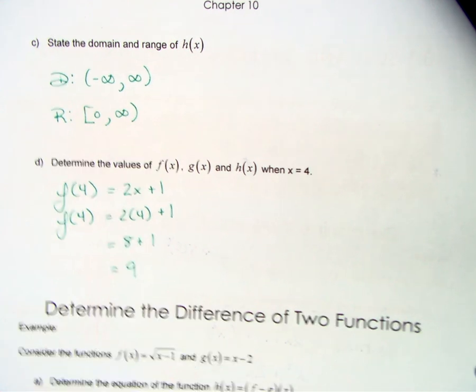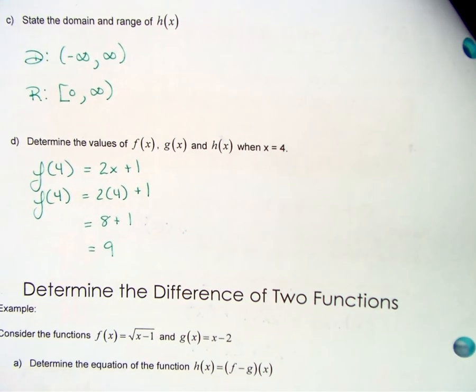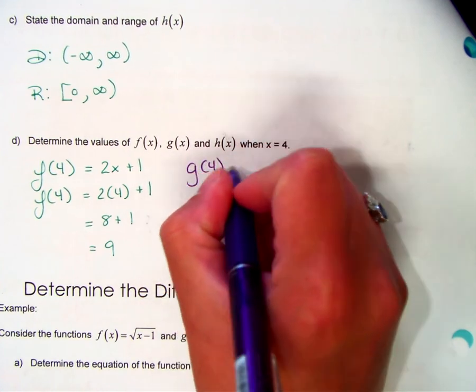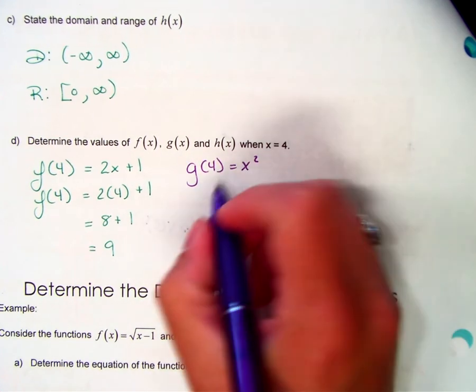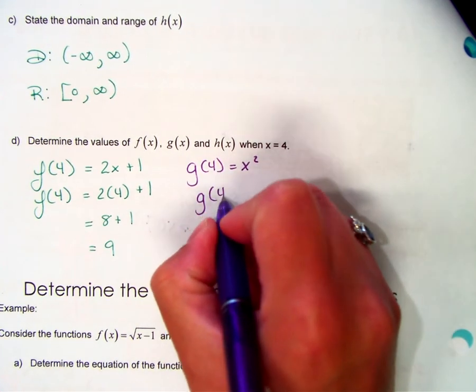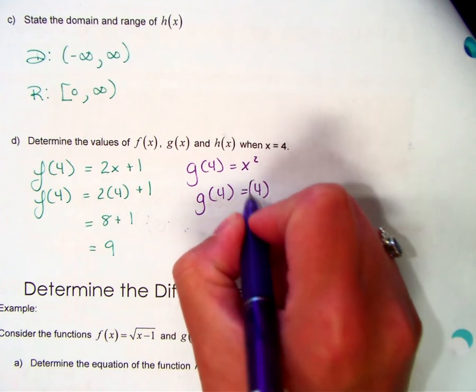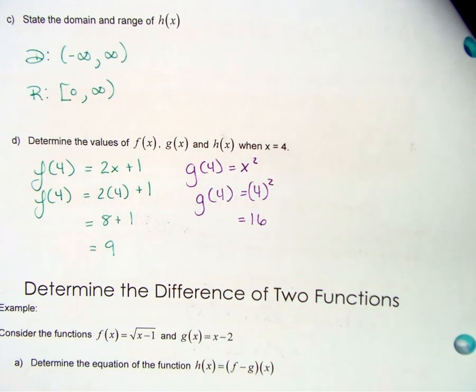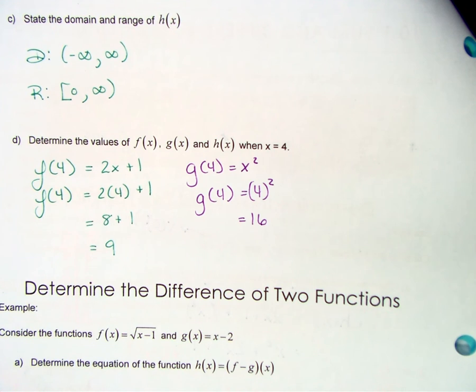Wild, crazy. We definitely didn't graph those points. Then if I do g of x, when x is 4, g of x is 16. The y value is 16.